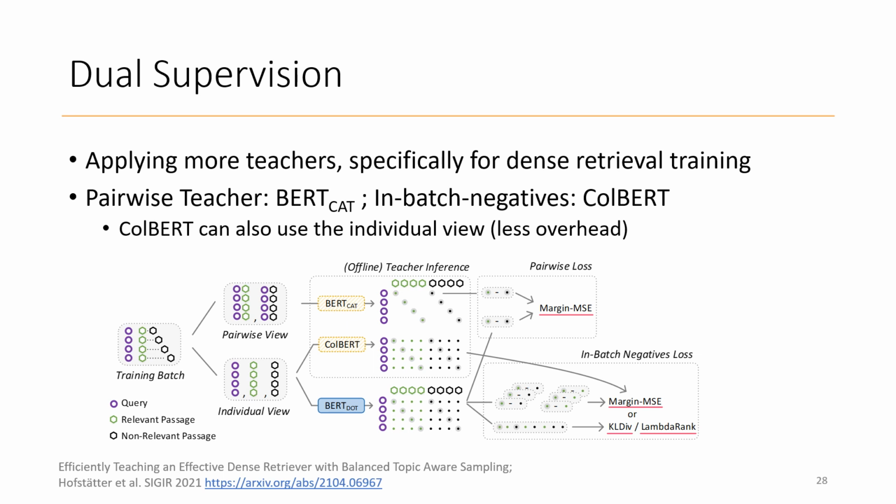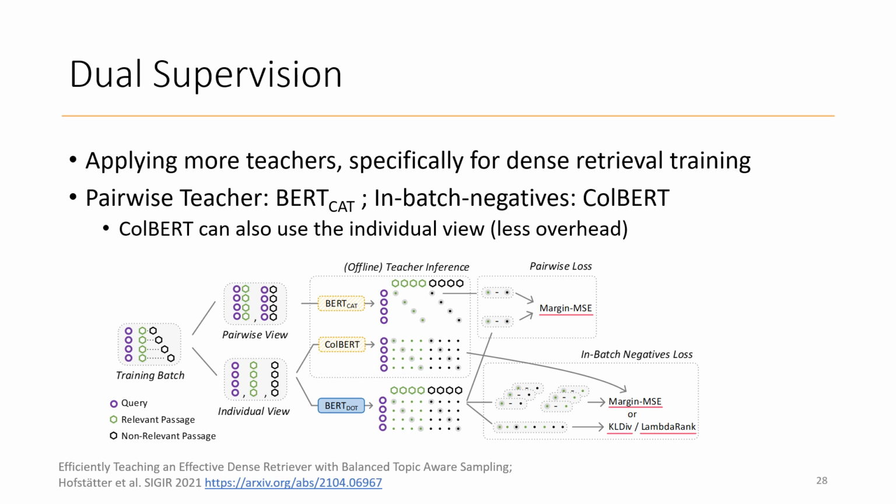We apply more teachers. In addition to our pairwise teacher, which is the BERT-CAT model, we also use a trained Colbert model for in-batch negative signals. And Colbert can also use the individual view of a training batch, which allows us to easily compute in-batch negatives without a big overhead that BERT-CAT would give us.